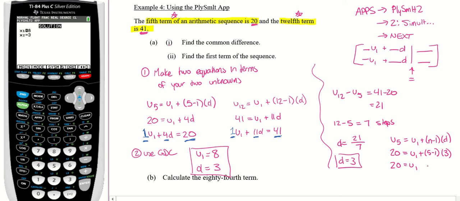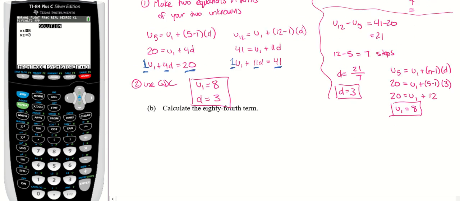So we get 20 equals U1 plus 4 times 3, which is 12, which gives us U1 equals 8. So either one of these methods will work. The calculator can be quite efficient if you know how to set up the equations. This perhaps requires a bit more thought about how to apply the properties of an arithmetic sequence, but will also work. So these instructions are for the calculator part. This one is strictly algebraic, but either one will get you where you need to go.